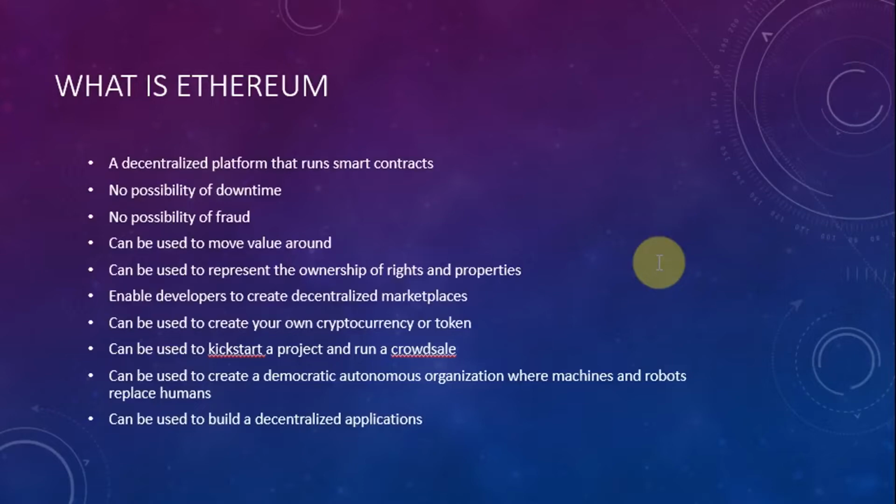You can create a truly autonomous organization where all these things have been replaced by code, so people can transact business without the need to trust each other, but rather they just trust the machine. They just trust the Ethereum blockchain.